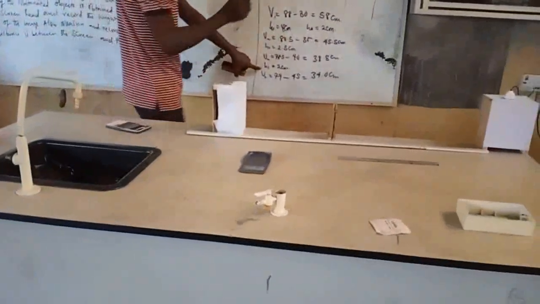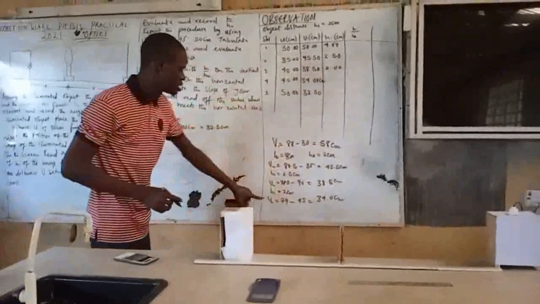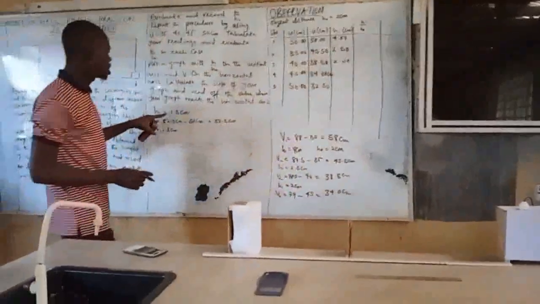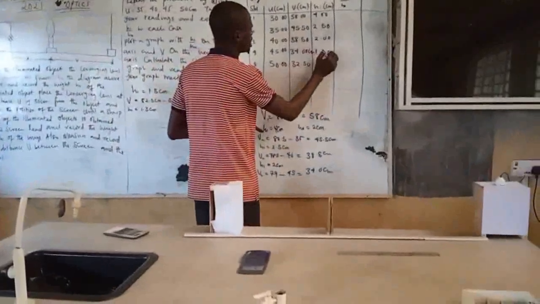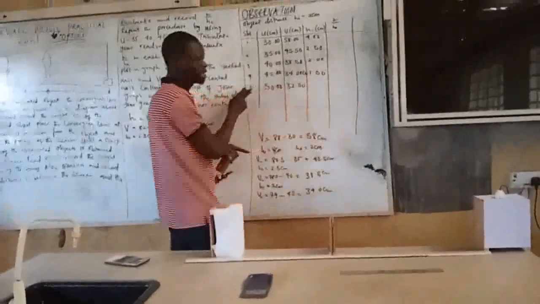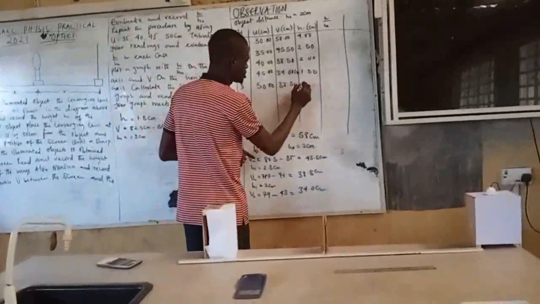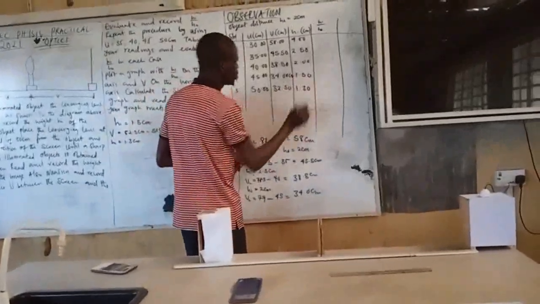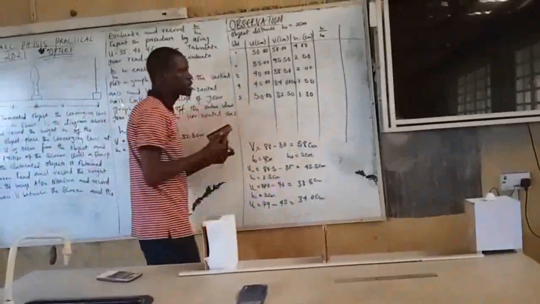While my hi is 2 centimeter, that is 2.00. While in this case it is 1.5 centimeter, that is 1.50. And then when it is at 50, I have 1.30 centimeter.